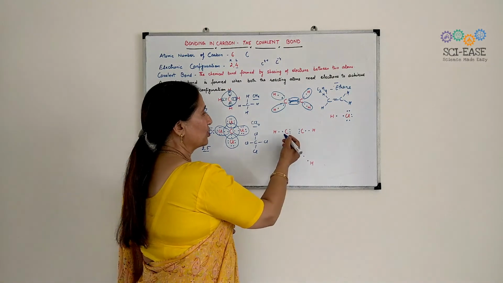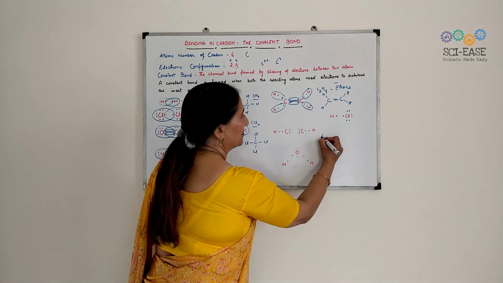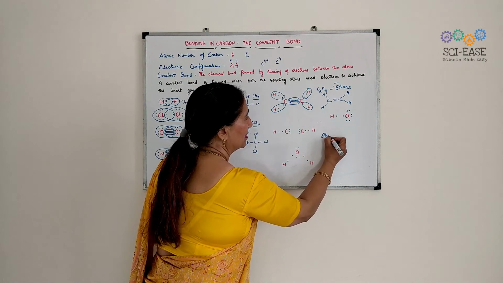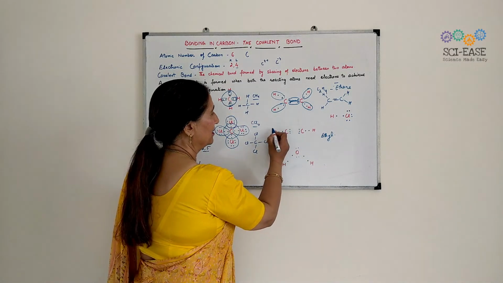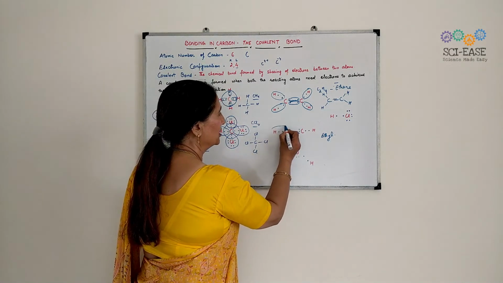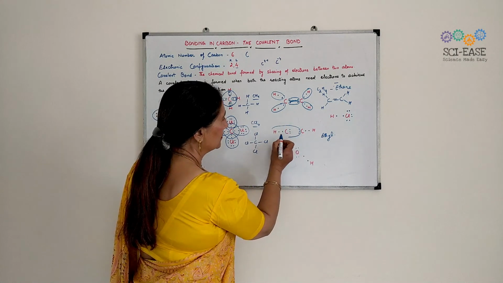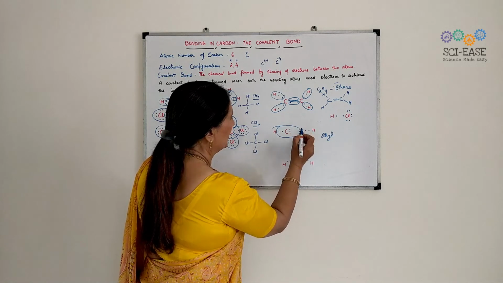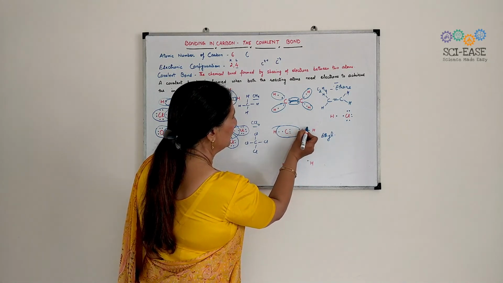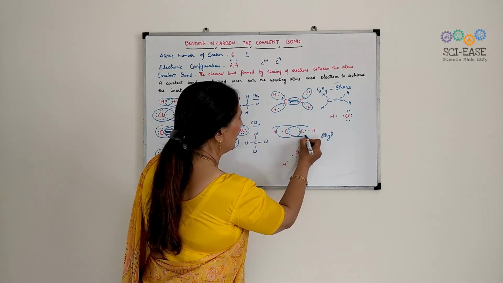Now take the case of ethyne. How many bonds will be formed? Here this carbon will share these 3 electrons, and the other carbon will share again these electrons, and this is formed.